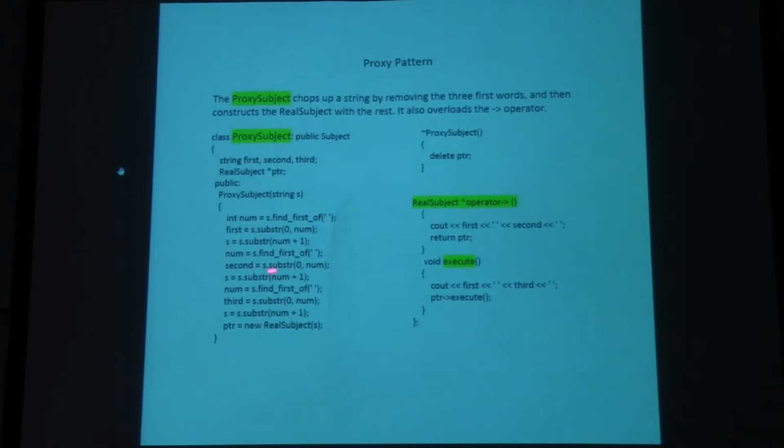In this code we're going to substring the different parts of a string. I don't care if you specifically know what's going to happen; you're going to see the output in a second. Then we have a destructor, which simply deletes the pointer to the real subject.